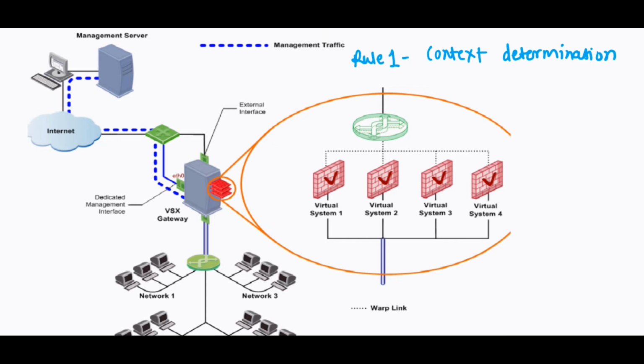So in context determination, VSX incorporates VRF. You might have heard about this term called VRF in the Cisco world. VRF stands for virtual routing and forwarding. It's a technique which allows you to create multiple independent routing domains.